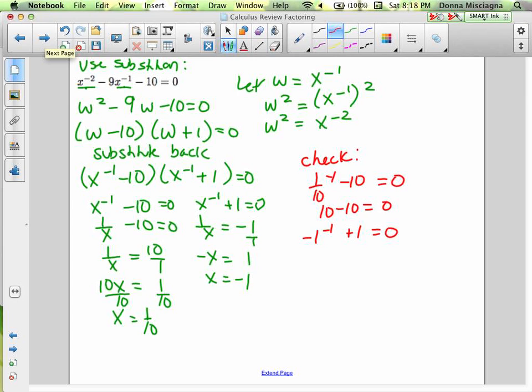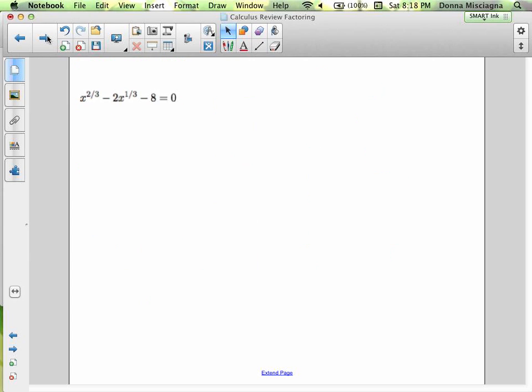Negative 1 plus 1 equals 0, because if we flip it over, negative 1 over negative 1 is the same as negative 1. So those check out. If we don't have to check, I'm not going to bother. I just did it once.